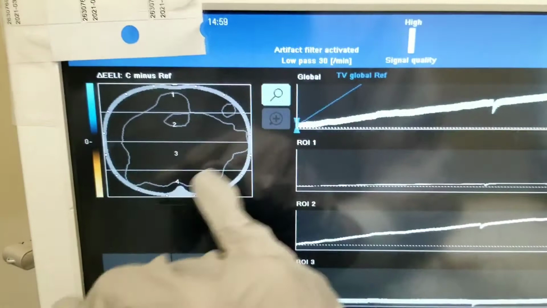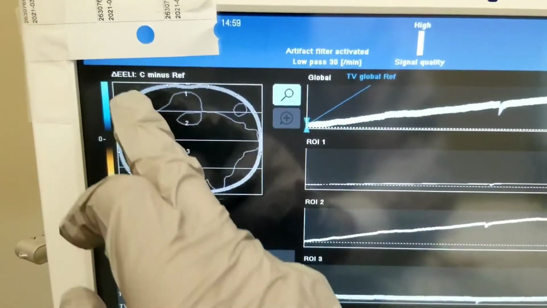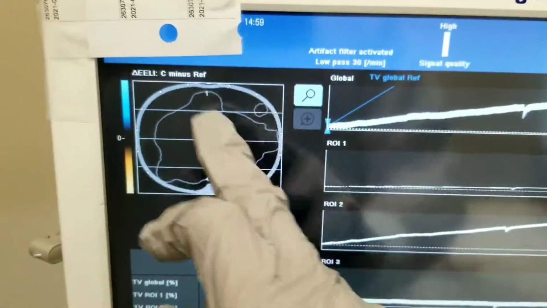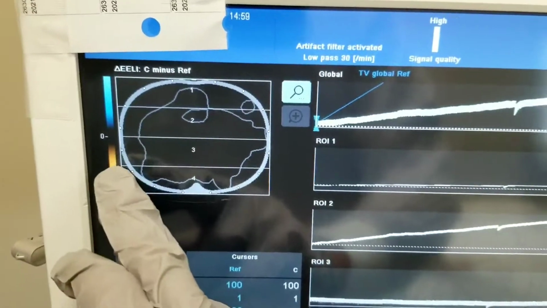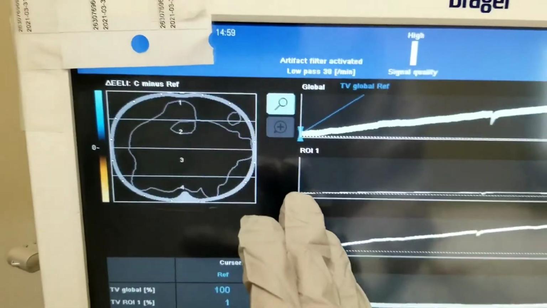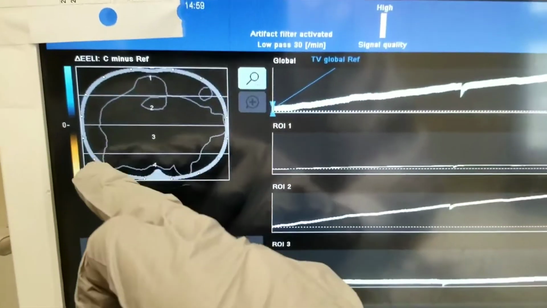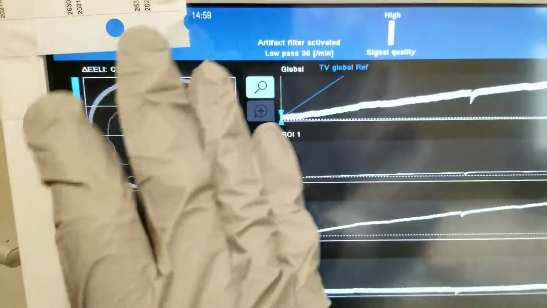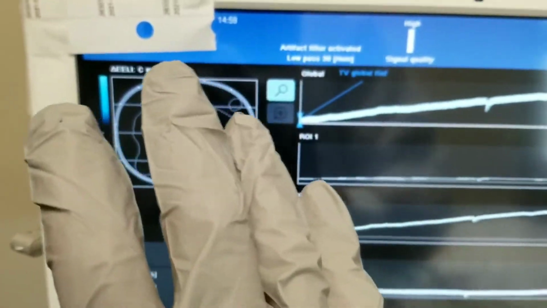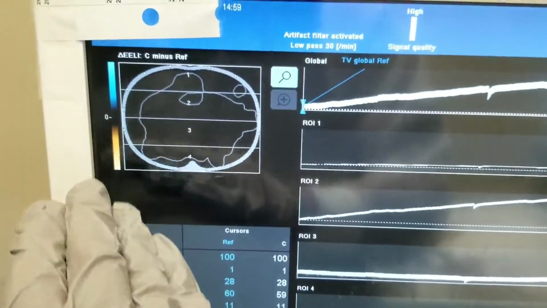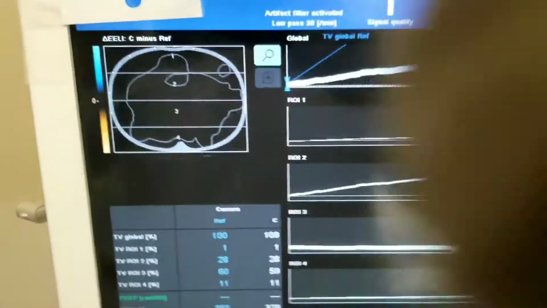Now, if you're making changes and all you're seeing is blue increasing here, that doesn't necessarily mean that's good either. It could mean that you're increasing your pressure control and just pushing everything to the ventral areas. So it's not necessarily bad to be orange, not necessarily good to be blue.